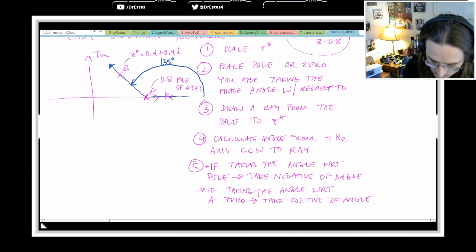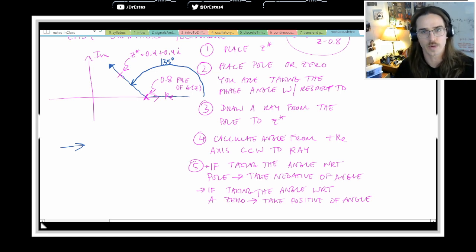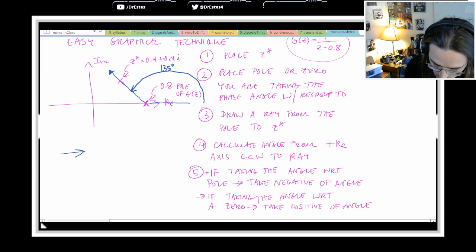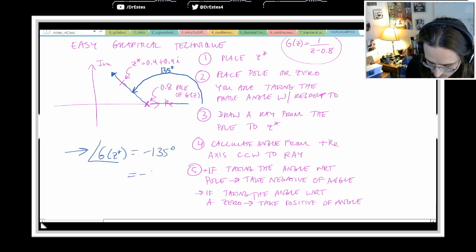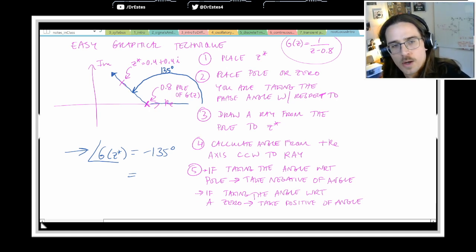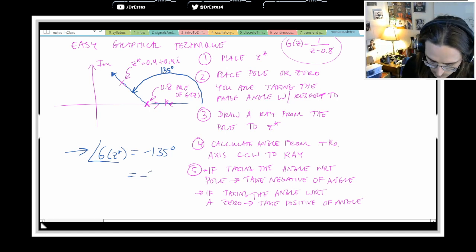So following these steps, we got 135 degrees, but we were taking this angle with respect to a pole of a transfer function. So this graphical technique gives us the angle of the plant evaluated at z star is minus 135 degrees, which would be minus 3 pi over 4, right?